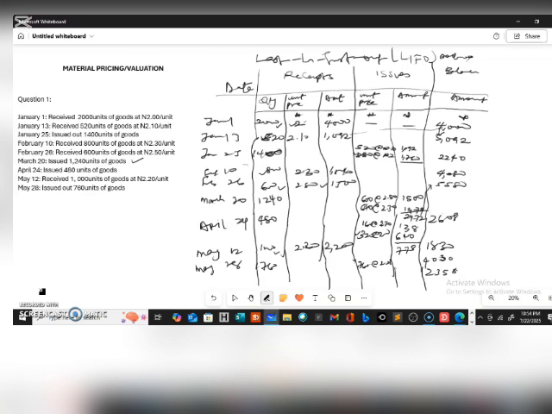So 160 times 2 naira 30 kobo should give us 368. So this is an error, so let me adjust this.